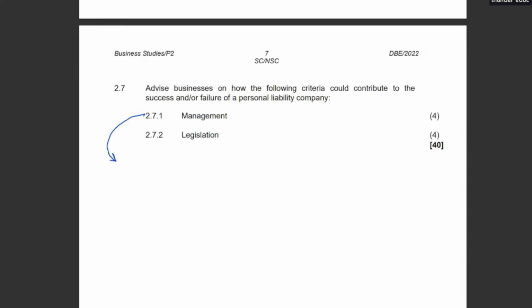So meaning we are going to have the success factors, and then we have failure factors.